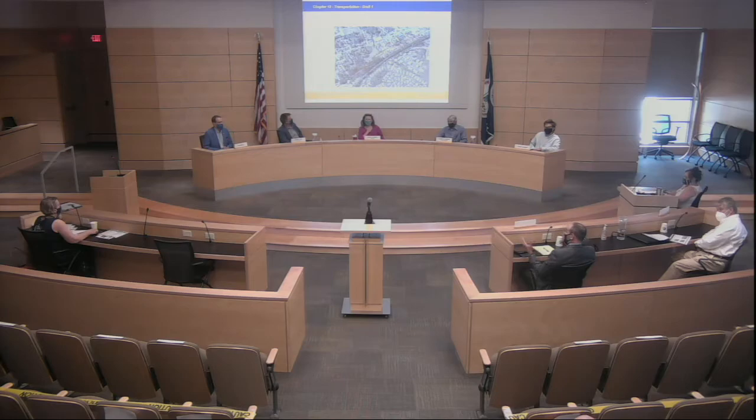If you're coming from Monticello, cross Richmond Road, there's no sidewalk once you get past the gas station. Right. Would that be part of? That will probably be part of the intersection improvements in Monticello. That's in one of the other slides that I'll show you.